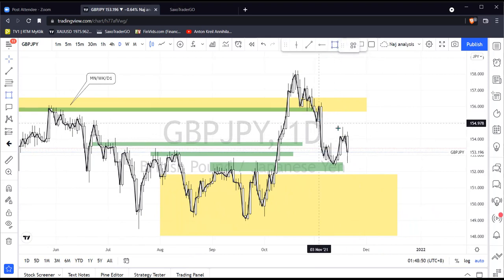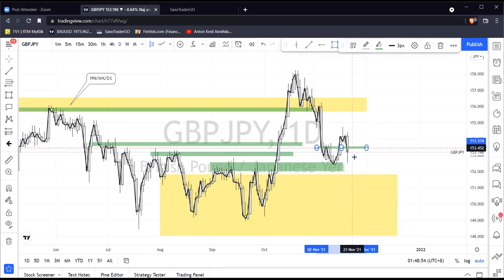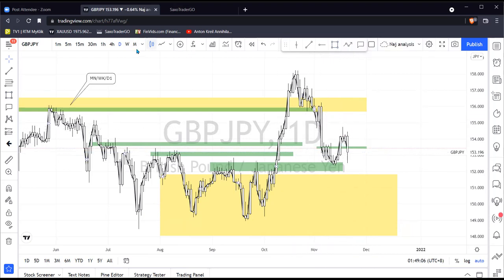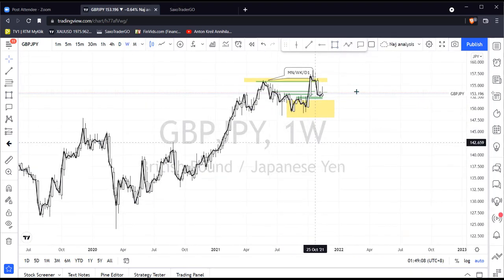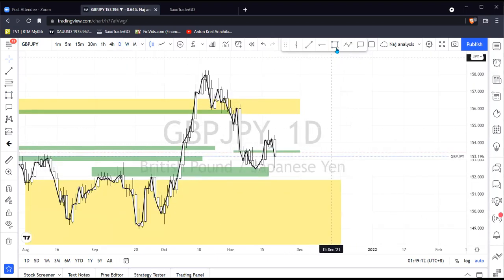Okay, so this is a daily breakout, right? Okay, this one I need you guys to pay full attention. This is playing with multi-time frame. So let's take a look at weekly. Weekly we don't see anything. Okay, just stick with this one.